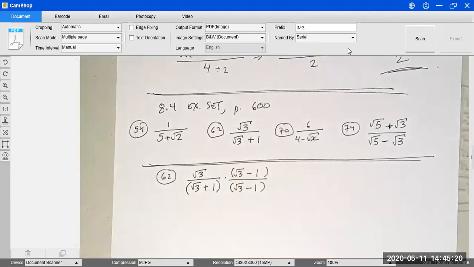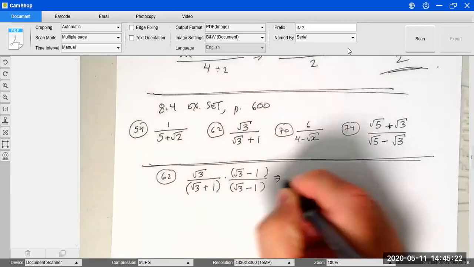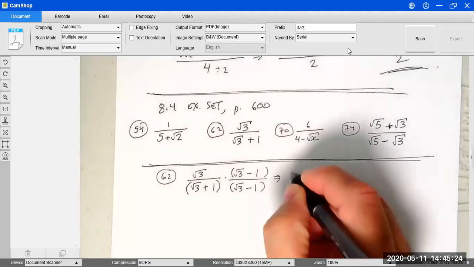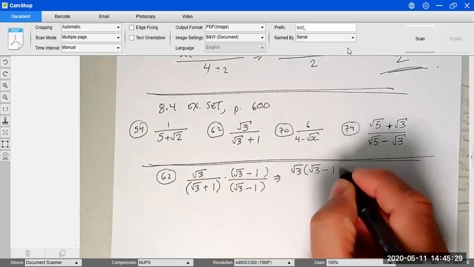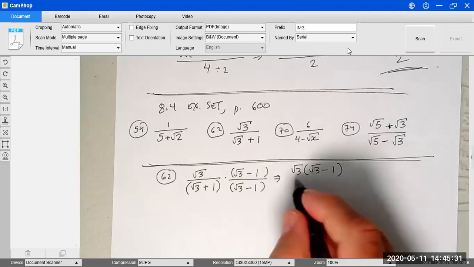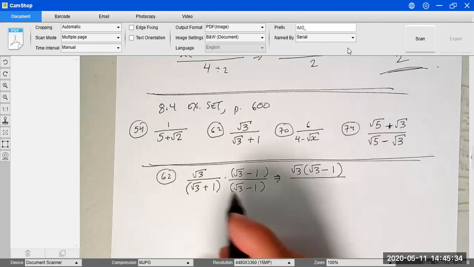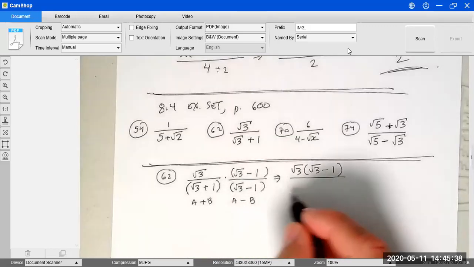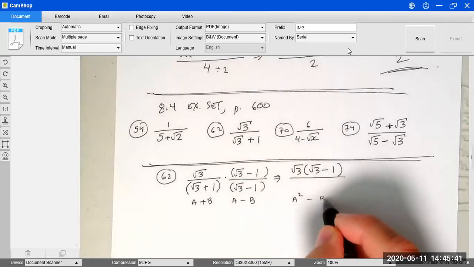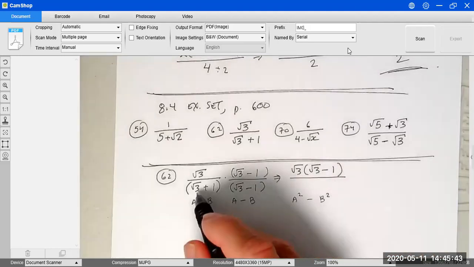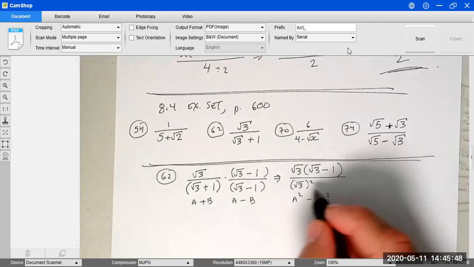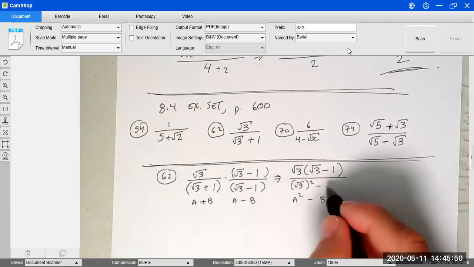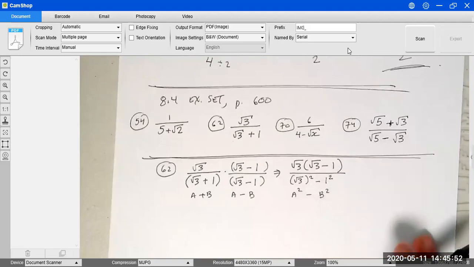Then we're going to multiply, just first, cross. So you get square root of 3 that multiplies square root of 3 minus 1 over, and then I have a plus b multiplying a minus b, so I need to get a squared minus b squared. So a is the square root of 3, I'm going to square it, and minus b is 1, I'm going to square it, it's just 1.